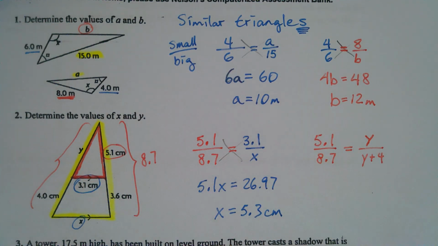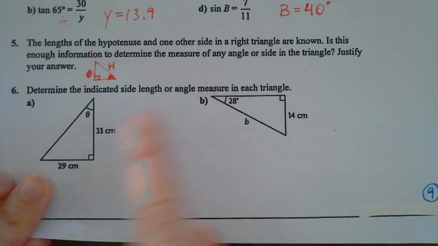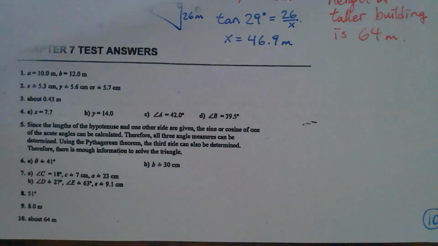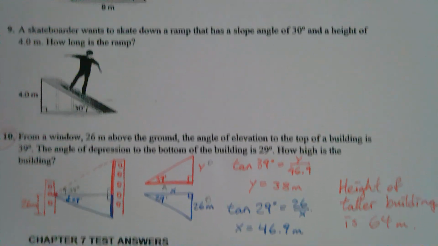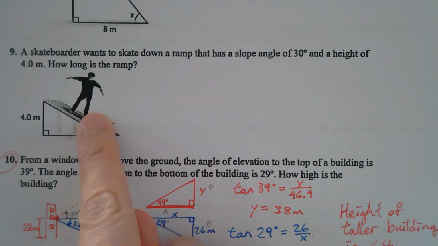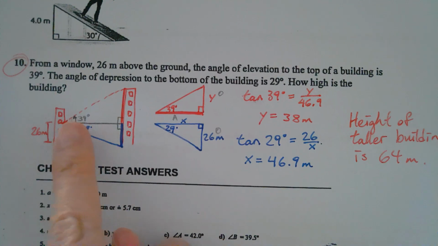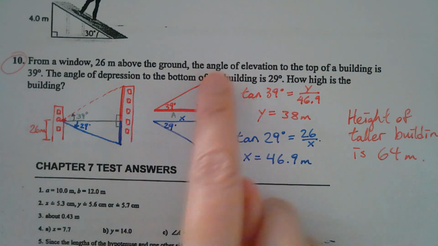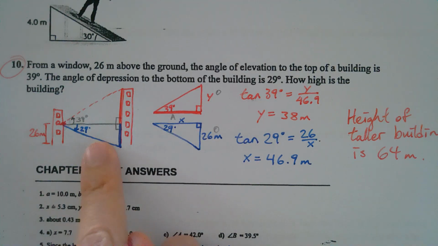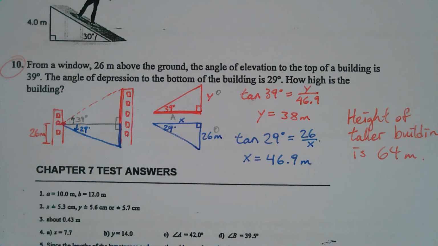That means you have to do a similar triangle to solve. I will give you these ones right here where it's just straightforward label SOHCAHTOA. I will give you these type of questions, word problems, where you're given a diagram. And then the hardest it will get is a question like this, where I don't give you the diagram and you have to come up with your own. Okay?